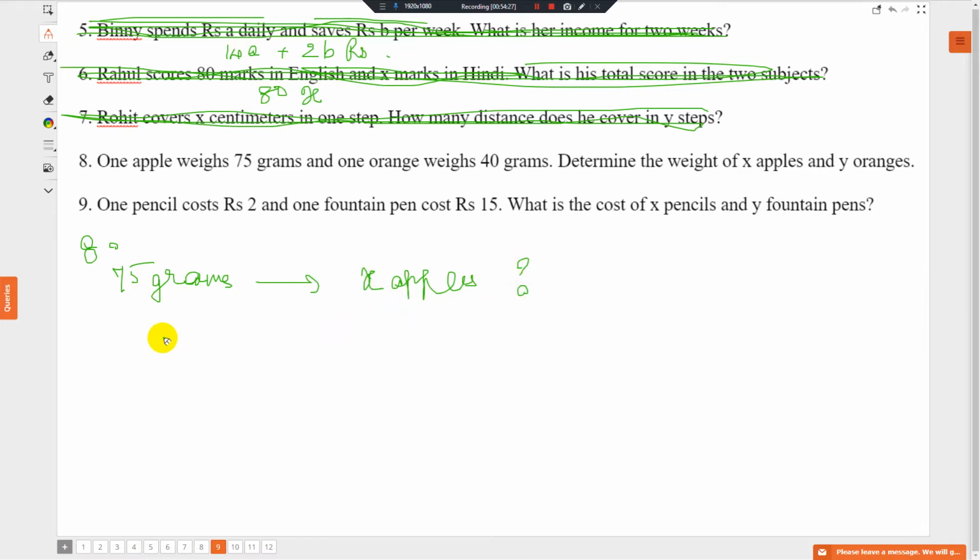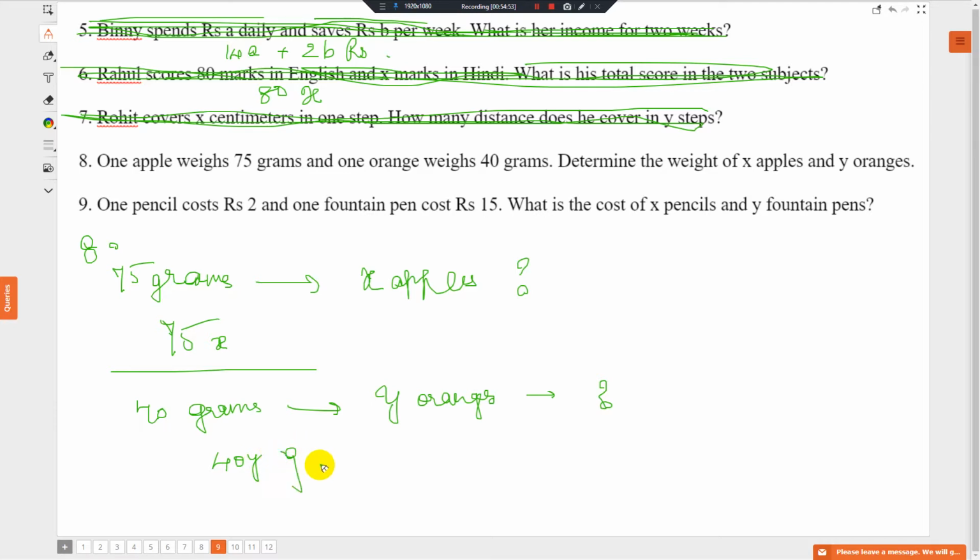Just multiply them, which gives 75x. If one orange weighs 40 grams, then for y oranges, just multiply again, which gives 40y grams.